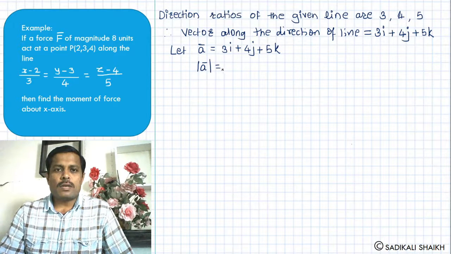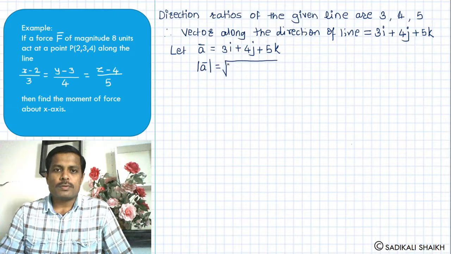It is under root, the square of 3 is 9, the square of 4 is 16, square of 5 is 25.